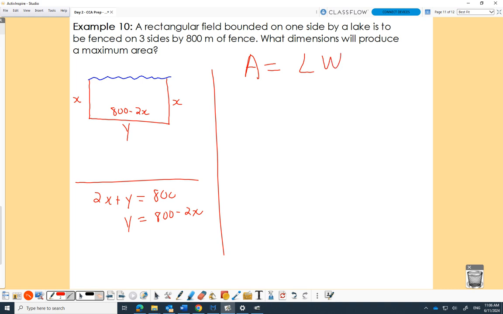And so here, my length is x, my width is y, or I'm going x times 800 minus 2x, because that's way better for what we're going to do, because it's only got x's in it now. I'm actually going to draw a line to that going, now I've got the equation. For those of you that are like, if you just give me the equation, I'll be okay. Okay, at that point in the question, now you've got the equation.